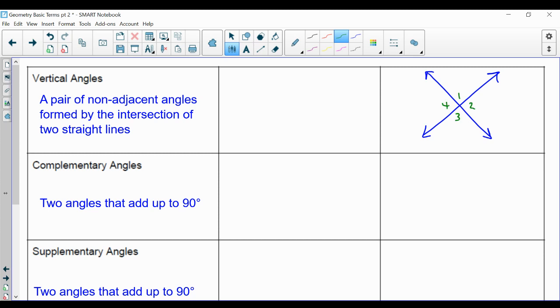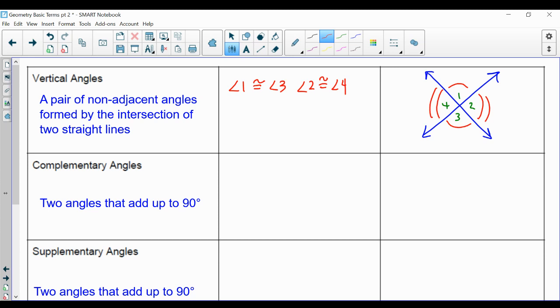What I know about these is that opposite angles are congruent. So angle 1 is congruent to angle 3, they're opposite angles. And angle 2 is congruent to angle 4.